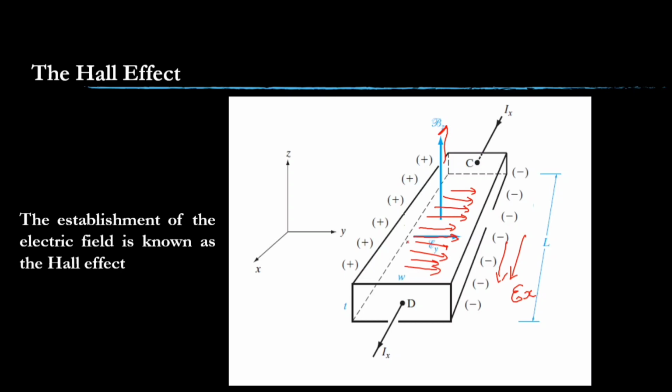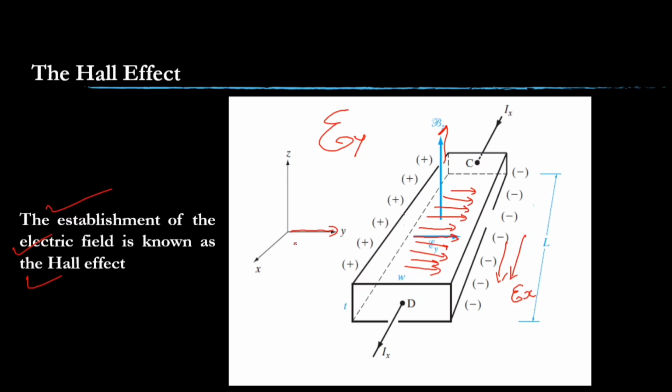That is what the Hall effect is. The establishment of this electric field is known as Hall effect. Which electric field? This electric field, which is represented by epsilon y, directed towards the y direction.